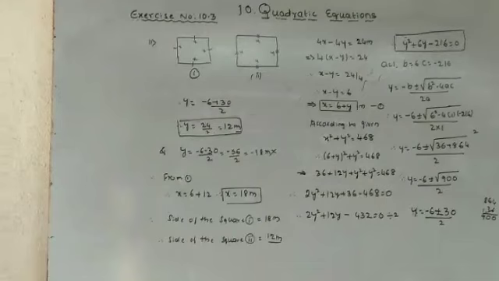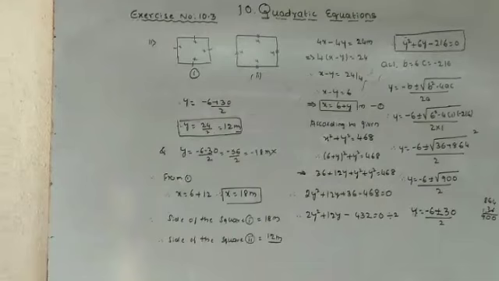Next, x is equal to minus 11 plus or minus root of 121 plus 4 into 1452. 4 into 2, 8; 4 into 5, 20; 4 into 4, 16, plus 2, 18; 4 into 1, 4, plus 1, 5. 5808. Let's add these two: 5808 plus 121, 5929.